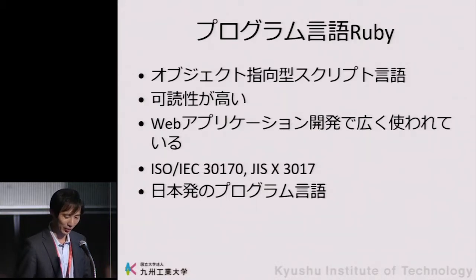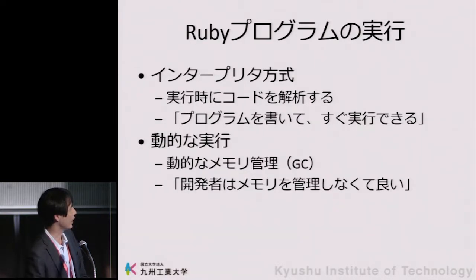However, this is the interpreter method, and that's the characteristic of this language. And garbage collection is one feature of this language, so the developer or user does not have to worry about the memory or releasing memory. This makes Ruby very easy to use for anybody.